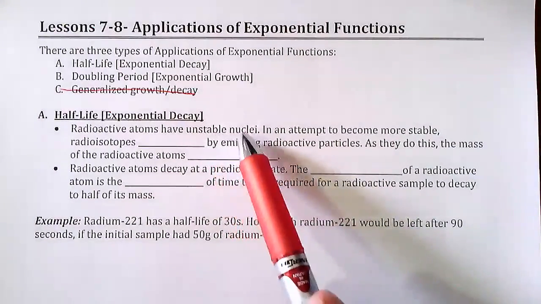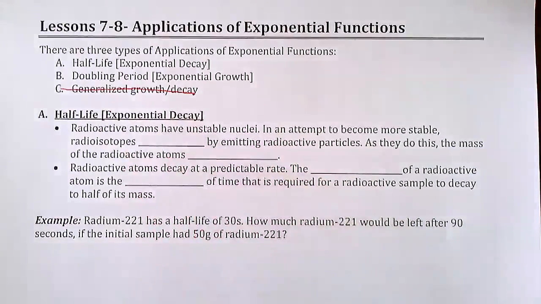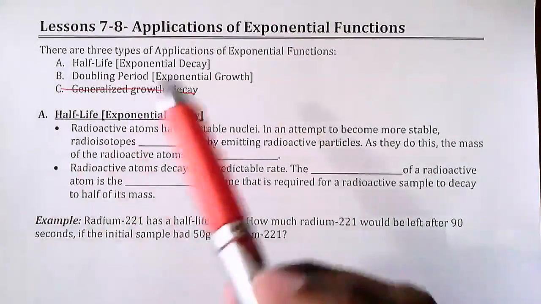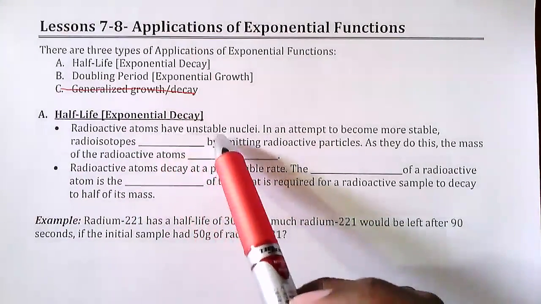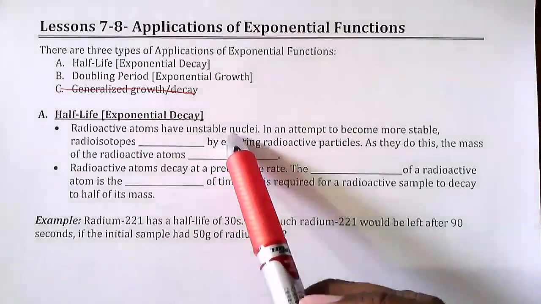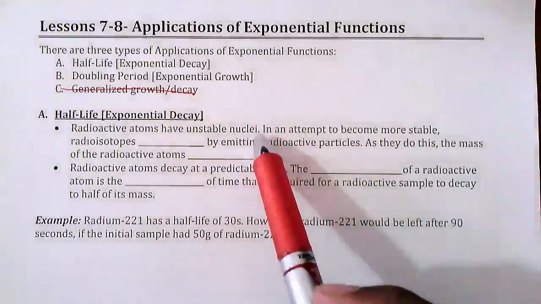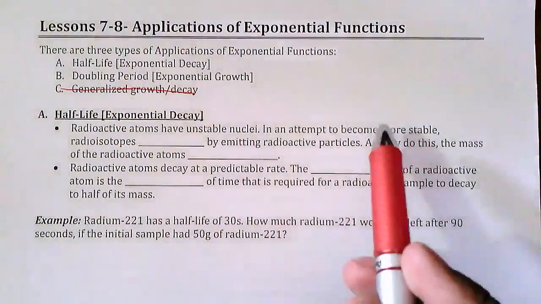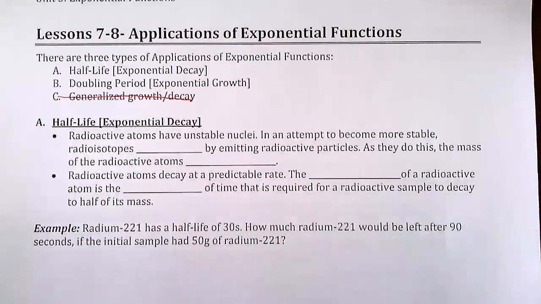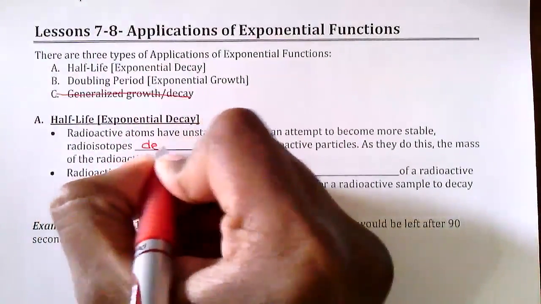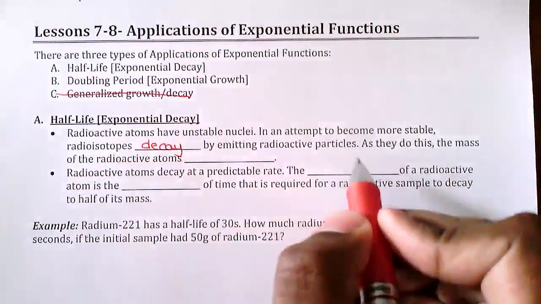Radioactive atoms have unstable nuclei. So radioactive atoms are the things that when we hear of radioactivity, the atoms that essentially release this radioactivity are called radioactive atoms. And they have unstable nuclei. The nuclei are not stable. They want to constantly break down. So in an attempt to become more stable, these radioisotopes decay by emitting radioactive particles.